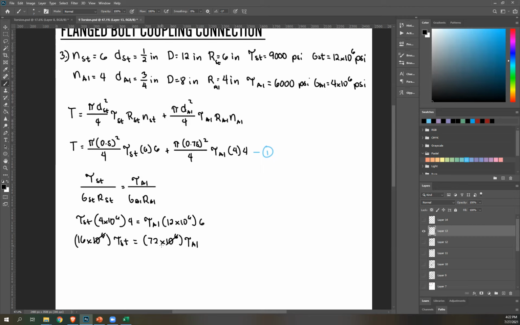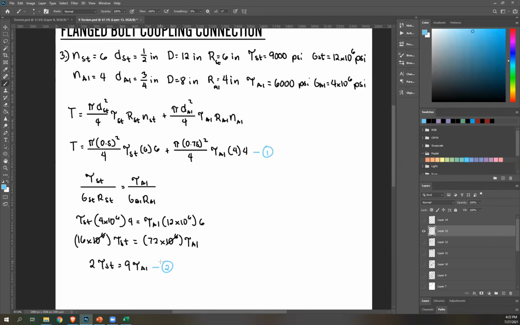Common denominator. 8. Divide everything by 8. 16 divided by 8, that's 2. Shear stress in steel equals 72 divided by 8, that's 9. Shear stress in the aluminum. And this is your equation 2.